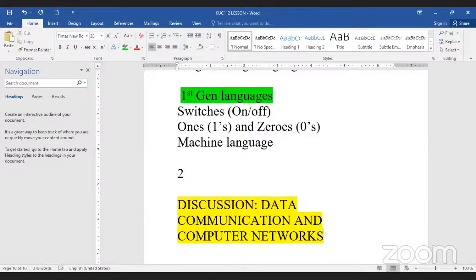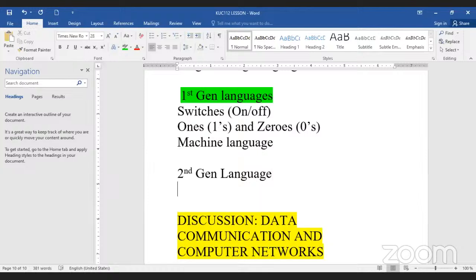Then let us move to our second generation languages, so that we understand what the second generation language was. We realized that first generation computers were very hard to operate because they used zeros and ones, which made them mechanically difficult to operate.